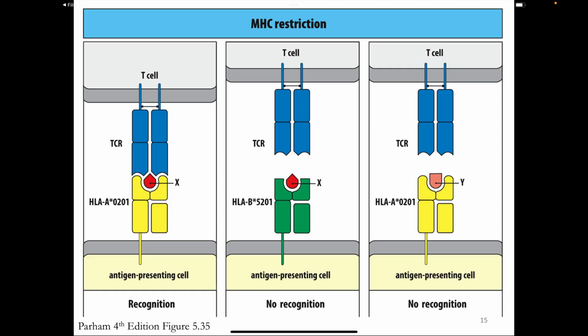But this is the slide. So I showed you this slide earlier in the semester, and I specifically was telling you about this slide with understanding MHC and MHC restriction.